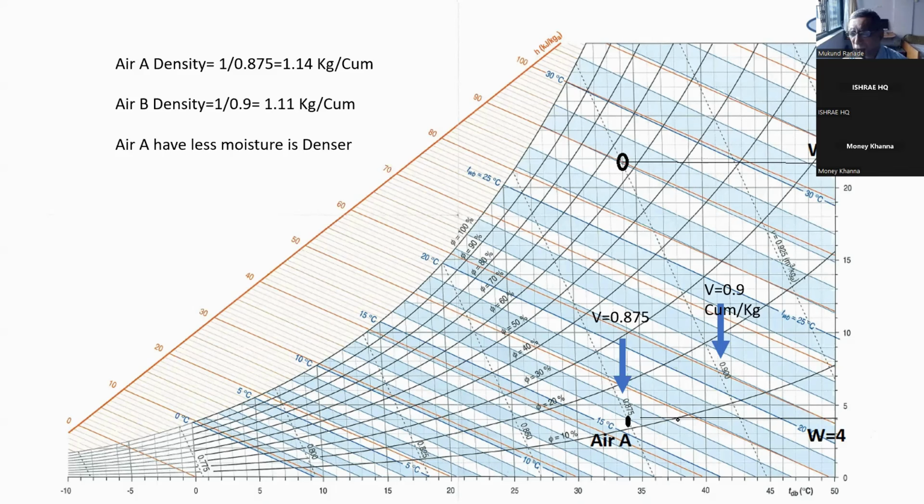And if the partial pressure of dry air reduces, the density of dry air by simple gas law will reduce. And since it is the dominating factor for total density, the actual density will go on reducing if the total pressure and temperature remain the same and the dry air component reduces. So that is another misconception people have, that the more the moisture, the more the density, which is exactly opposite.